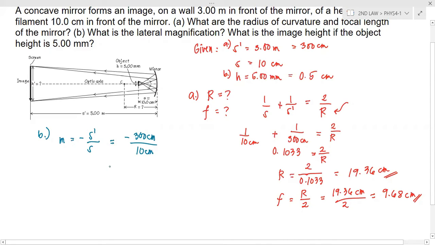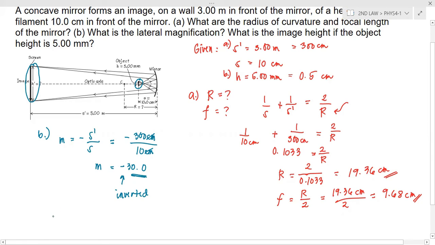This will give us negative 30. The units cancel out, so note that our lateral magnification is unitless, and the negative indicates that our image is inverted. Also, this 30 means that the image is 30 times bigger than the original size of the object. So you can see that this object will be much bigger in its reflection from the concave mirror.